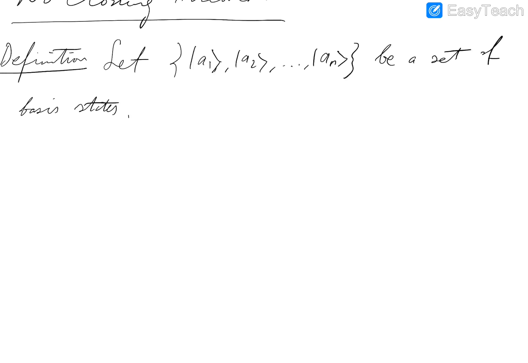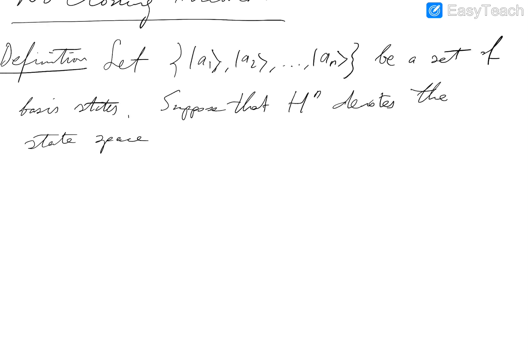Let's denote the state space by Hn, and suppose that we have a reserved state, and let's assume that it's A1. This reserved state is called a blank sheet state, okay?